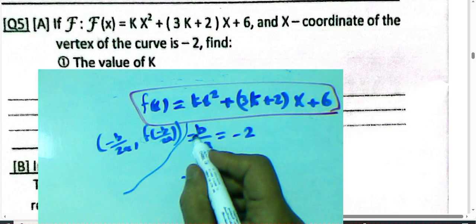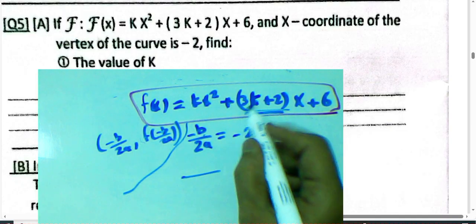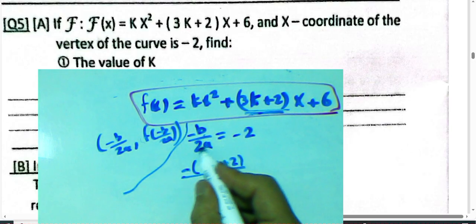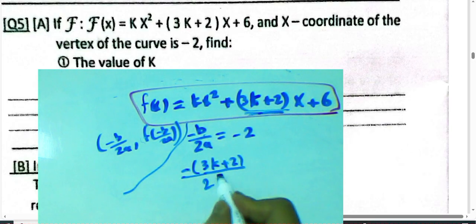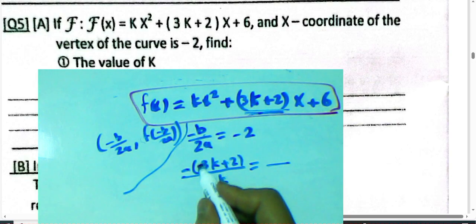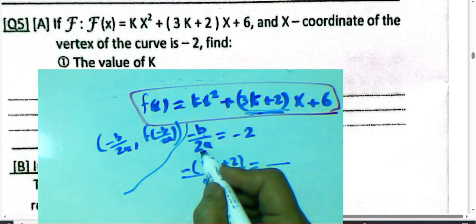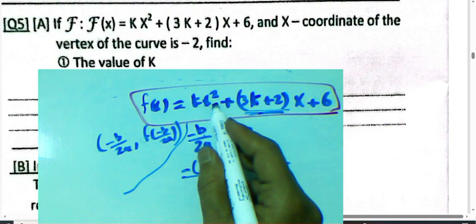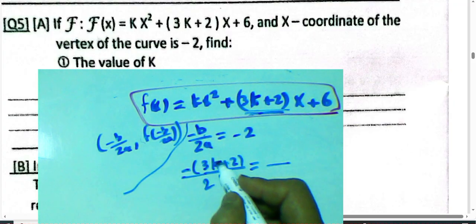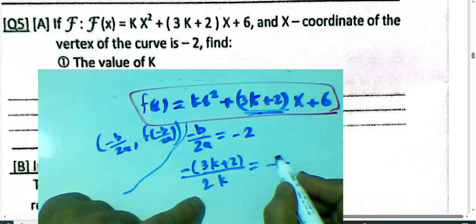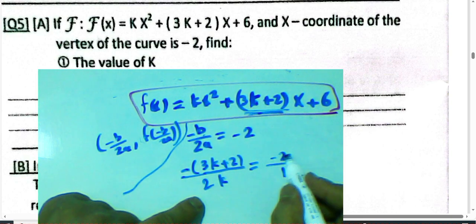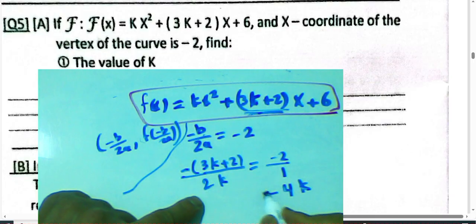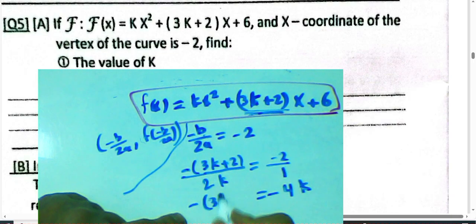We can write negative b, meaning the coefficient of x here, it will be negative 3k plus 2, over 2 times a, here k, so 2k. The result will be negative 2. Write 1 and multiply between the two numbers: negative 2 times 2 equals negative 4 times k, and here write negative 3k plus 2.